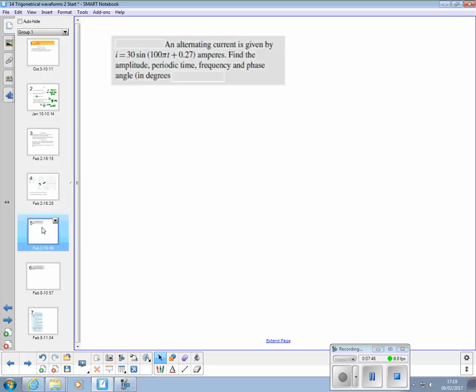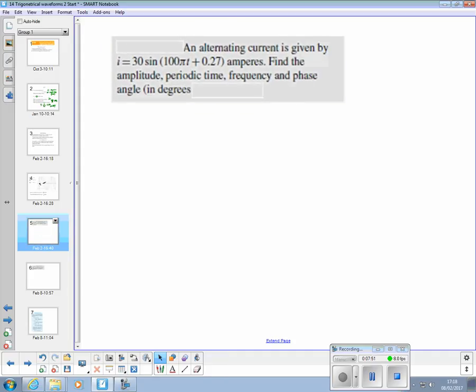So what we're going to do is have a look at a couple of problems with phase shift. Alternating current is given by i. Okay, something else I want to cover with you is that function gives the current at an instant in time, an instantaneous value of current.